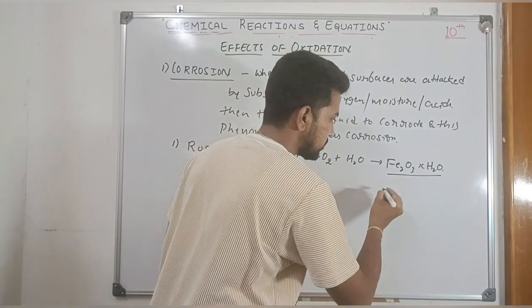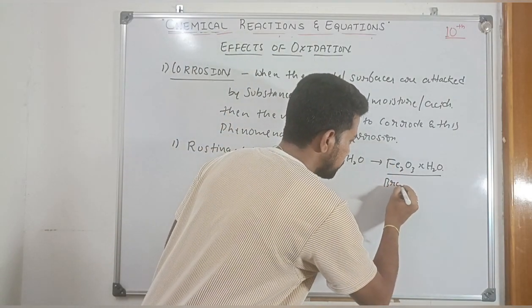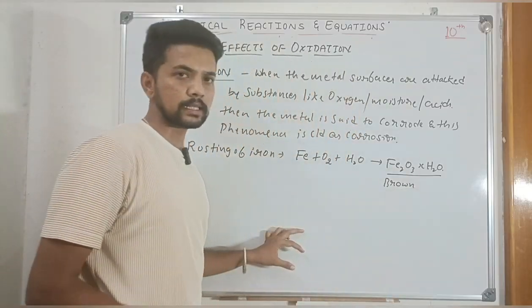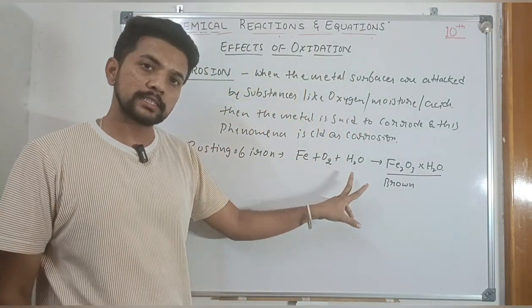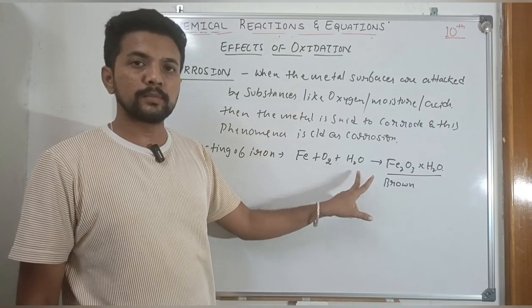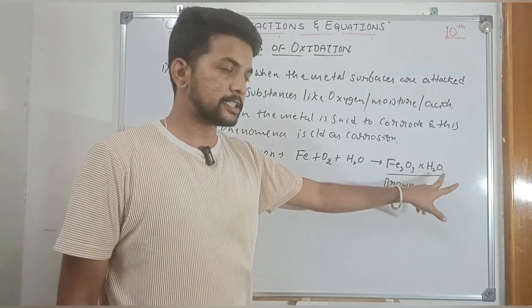This is ferric oxide, or this is called rust. It is brown in color, correct? So when the iron reacts with oxygen and the moisture present in the atmosphere, there is a formation of rust, that is nothing but Fe2O3.xH2O.